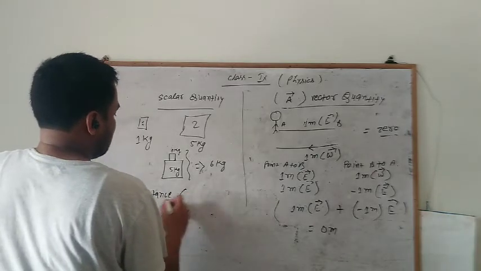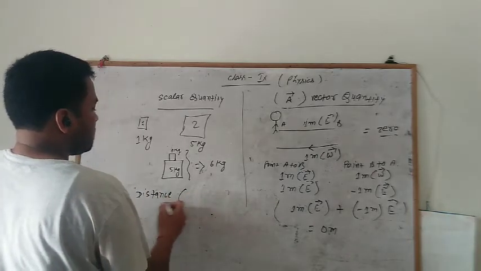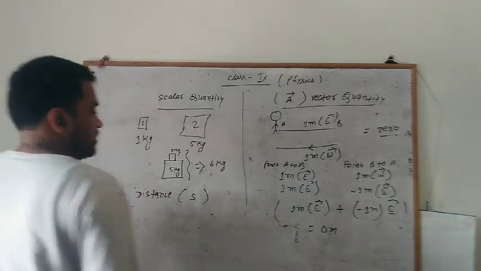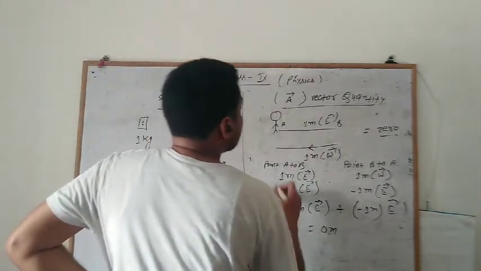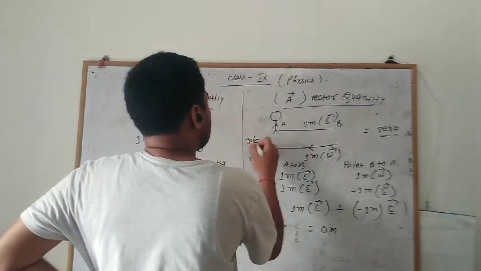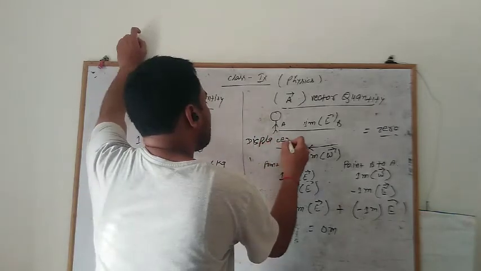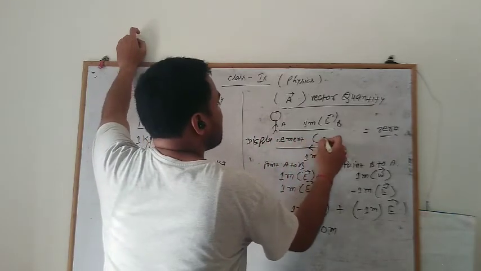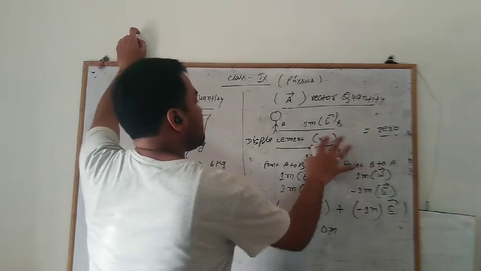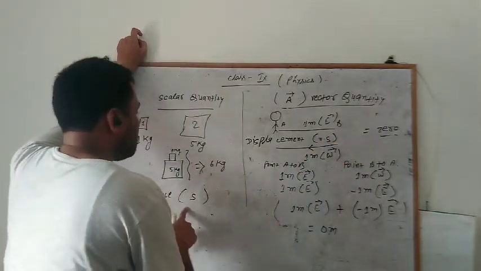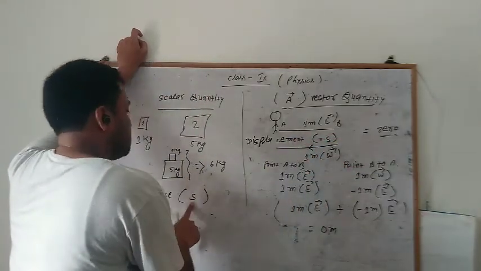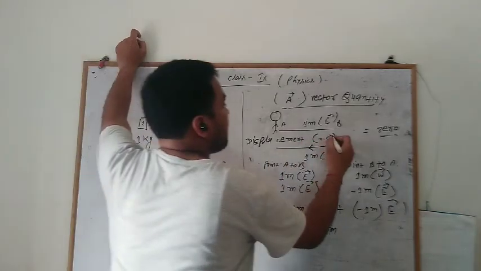In physics, distance is symbolized with s, and displacement is also symbolized with s. But how do we tell whether this s is distance or displacement?